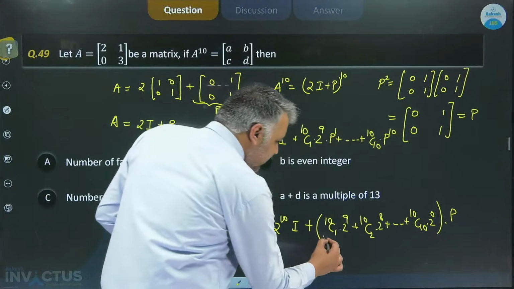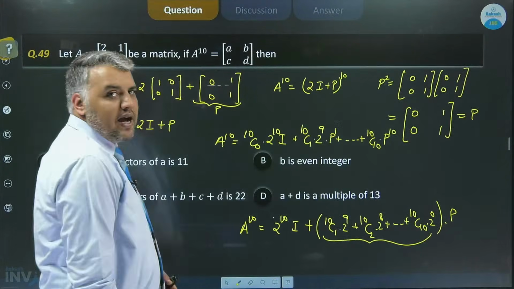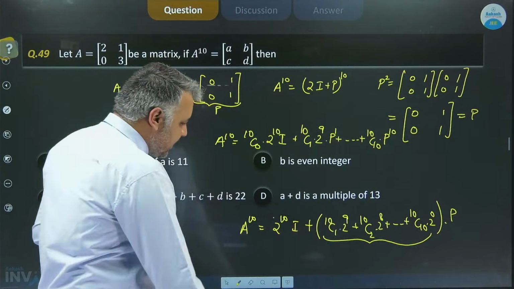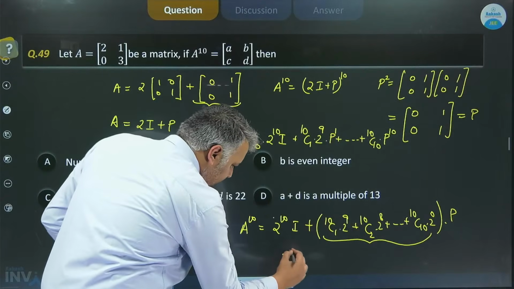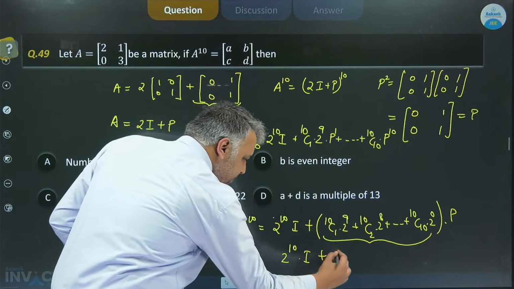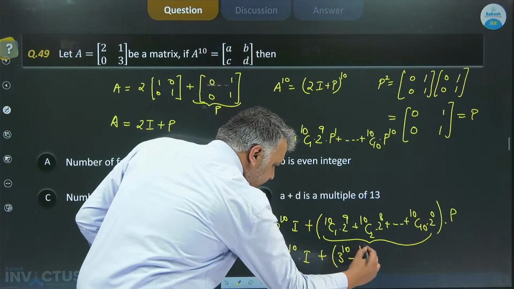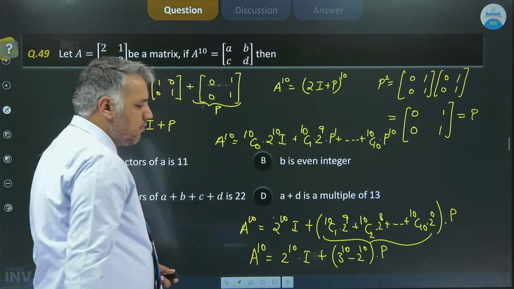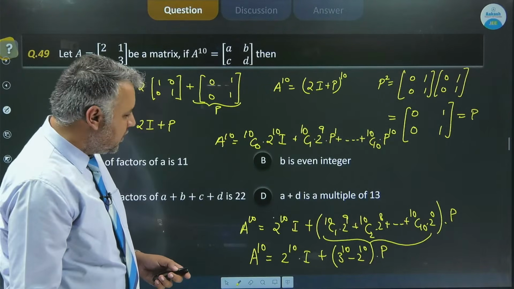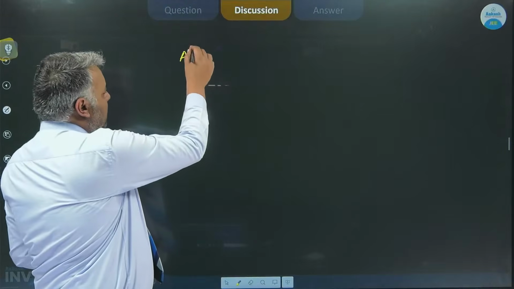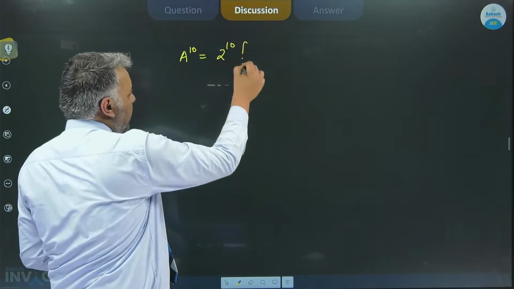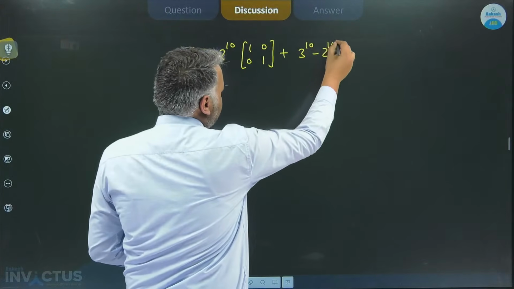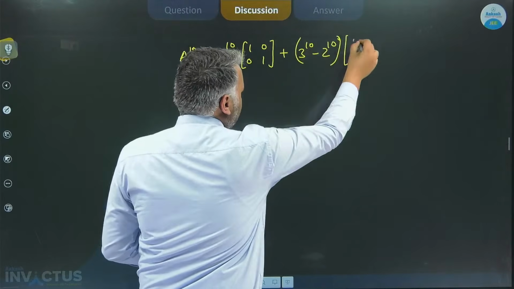Now we can calculate this sum. Again we have to add and subtract 10C0 2 power 10. So this can be written as 2 power 10 times the identity matrix plus (3 power 10 minus 2 power 10) times P. So A power 10 is 2 power 10 into the identity matrix plus (3 power 10 minus 2 power 10) into P, and P is [0 1; 0 1].